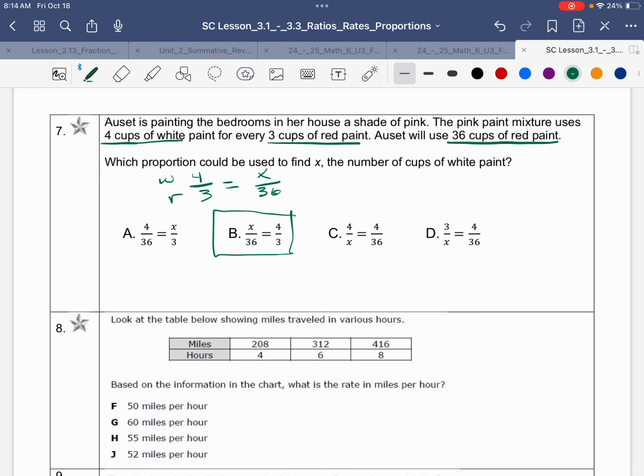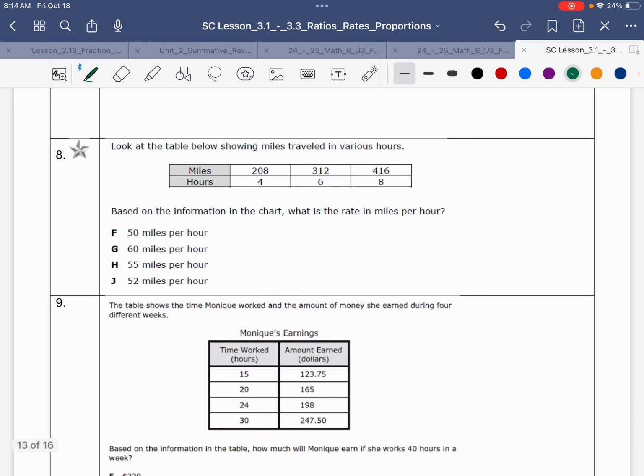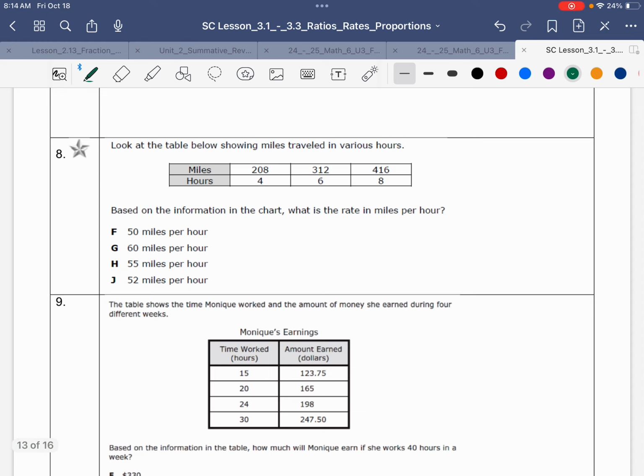There you go. Look at the table below, showing miles traveled in various hours. Based on the information in the chart, what is the rate in miles per hour? So per hour, remember that unit rate. So what you're trying to do is figure out that miles per hour. The easiest way to do that is you divide.